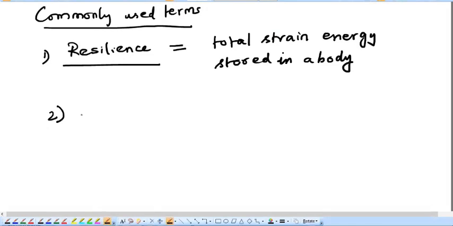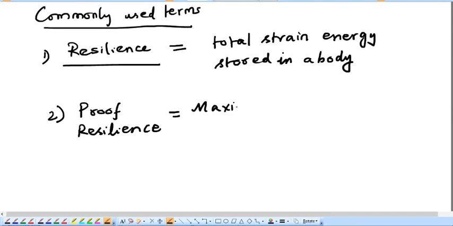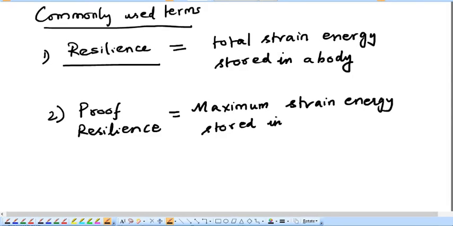Second, proof resilience. This proof resilience is the maximum strain energy stored in your body without permanent deformation.